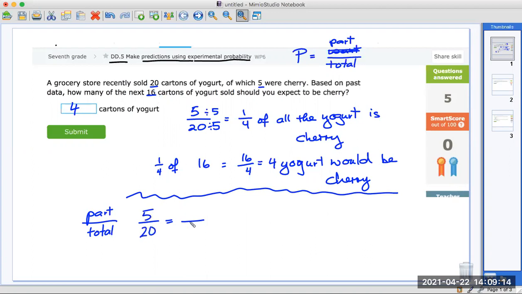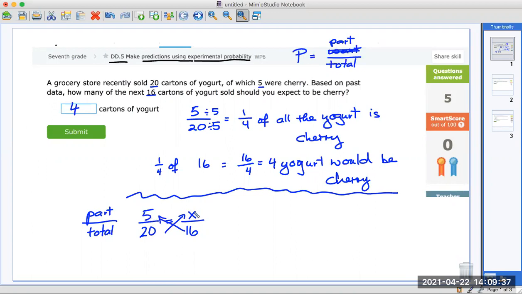And then we have a total of 16 and we ask how many of those would be cherry? So instead of a question mark, call it X, that's your variable, your unknown quantity. When you solve for X, you can do what's called cross product, or cross multiply.